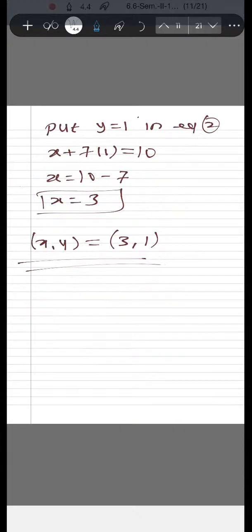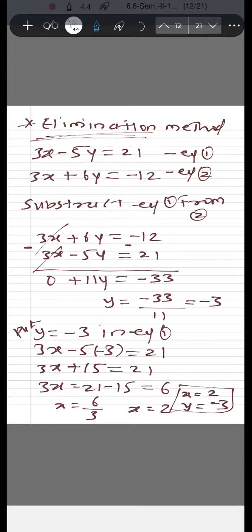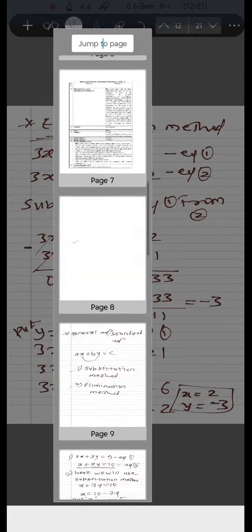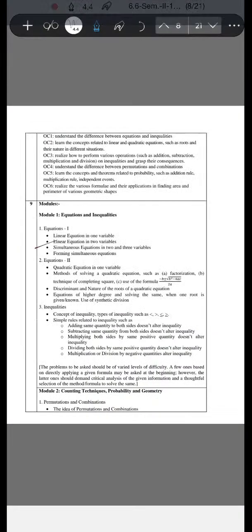In the elimination method, we first eliminate and find any one variable, and again use the same method we used in the previous method. And that is the elimination method.